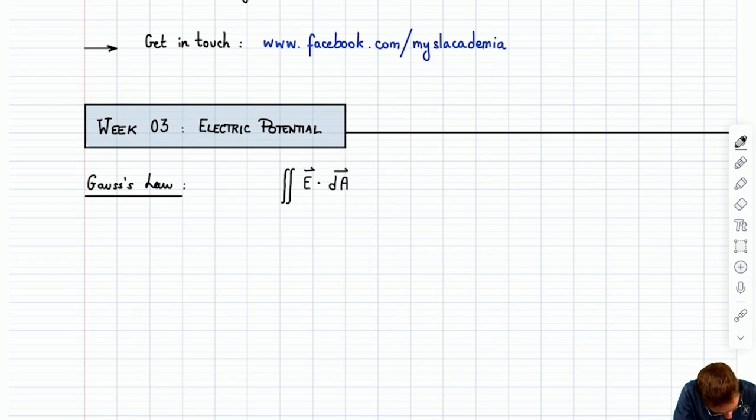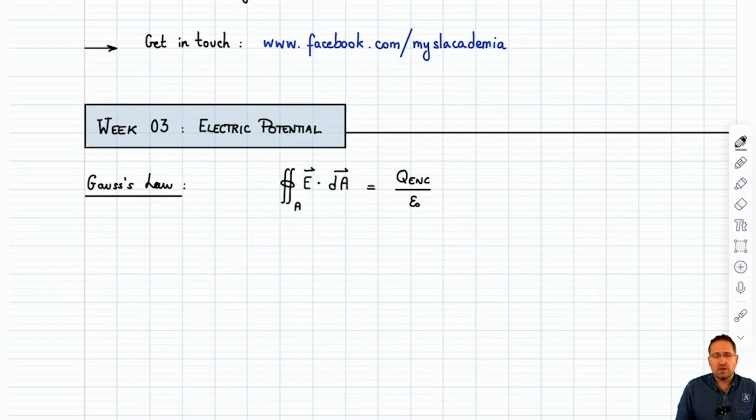That's the beauty of Gauss's law. So the flux through a closed Gaussian surface of the electric field is always equal to Q enclosed, the amount of charge enclosed by the Gaussian surface, divided by epsilon naught. It's true all the time. It doesn't matter how wonky the surface is.